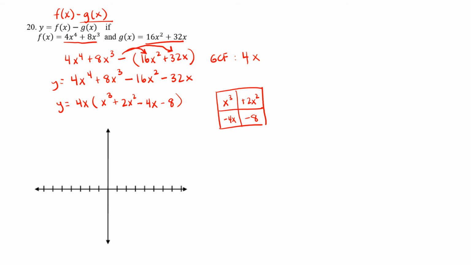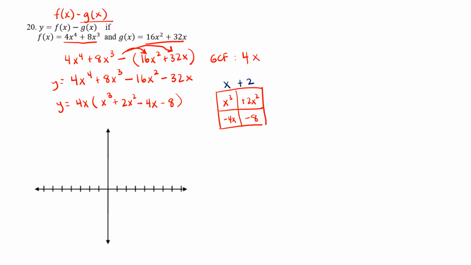Again, this is the 3rd time we're going through this, so I'm going to work a little bit quicker. You're doing the greatest common factor of the columns and of the rows. X cubed and 4x have an x in common. For that second column, 2x squared and negative 8 have a 2 in common, and it's a positive 2 because that's a positive 2x squared. Now we're looking at the rows, so I'm looking at the top row.